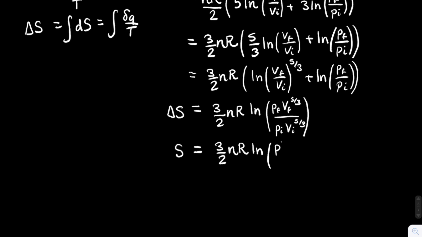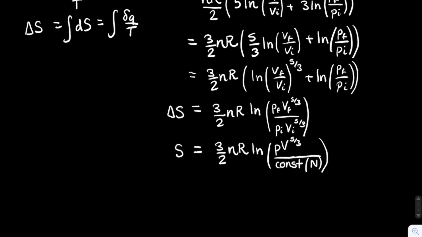You can use that PV to the 5/3, so just any general P and any general V, all raised to the 5/3, divided by a constant. Now, this constant is constant for P, V, and T, but it does in fact depend on n. So I won't write that it's a complete constant. I'll just write that it's a constant that depends on n.